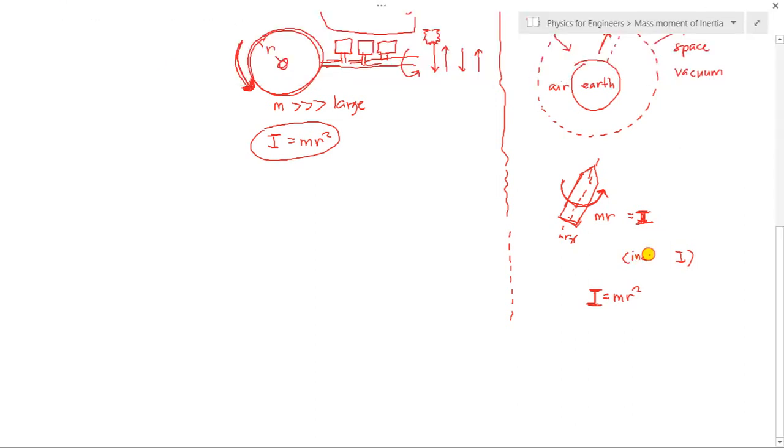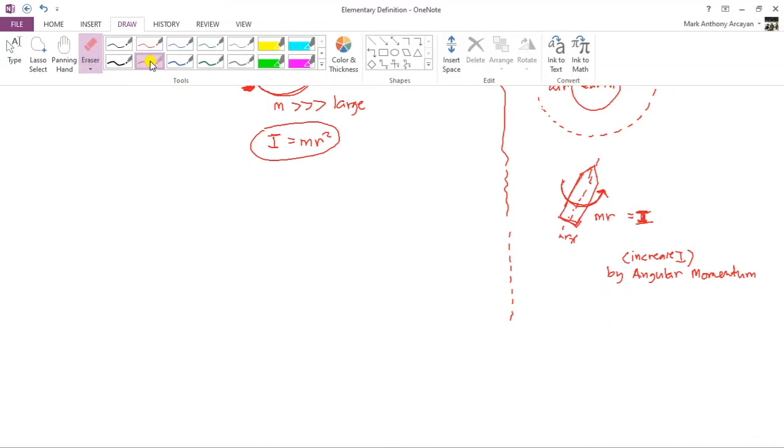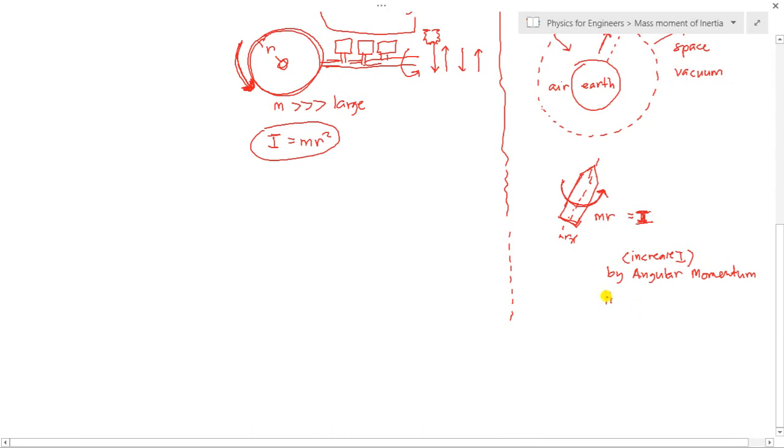Balik ta again by the principle of angular momentum. So by angular momentum, we are going to increase our moment of inertia. Angular momentum is defined as h equals I omega.